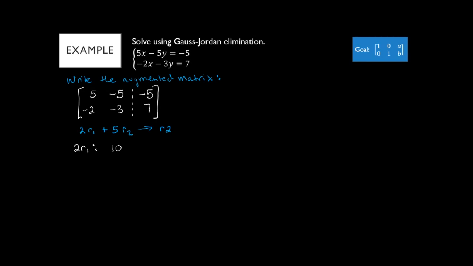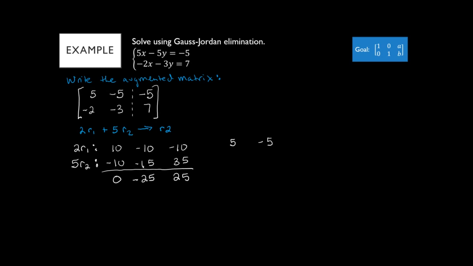So that's going to be 10, -10, -10. 5 times row 2, -10, -15, 35. And then I'm going to add those together: 0, -25, and 25.